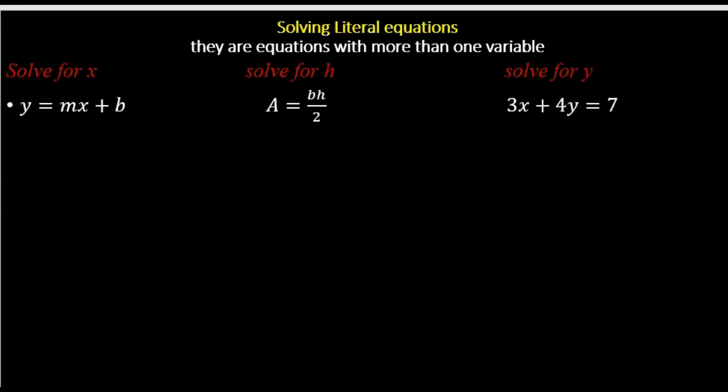On number one, the first example, y equals mx plus b, even though we have four variables, we are only solving for x. So therefore, we're going to treat x only as a variable, and everything else, the y, m, and b, we're going to treat as numbers.